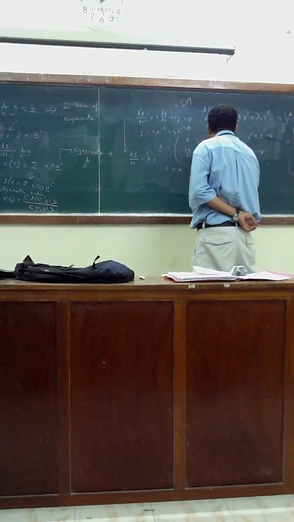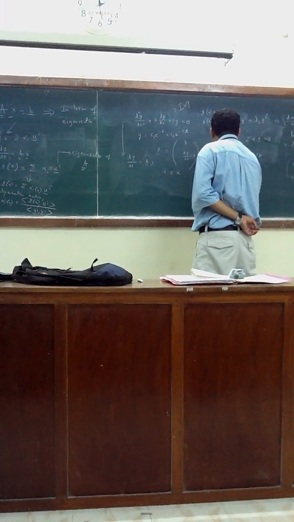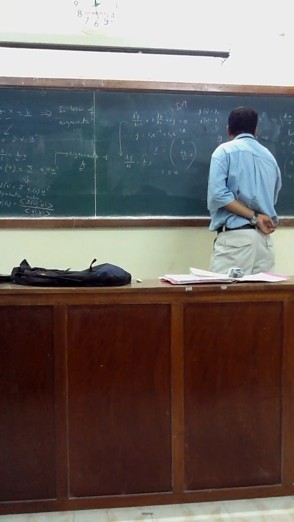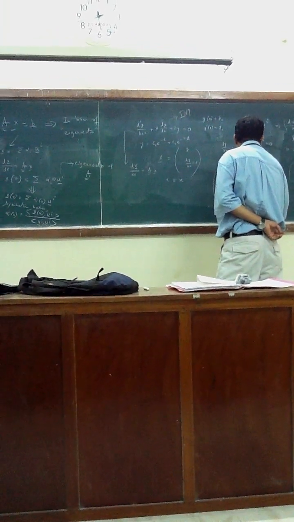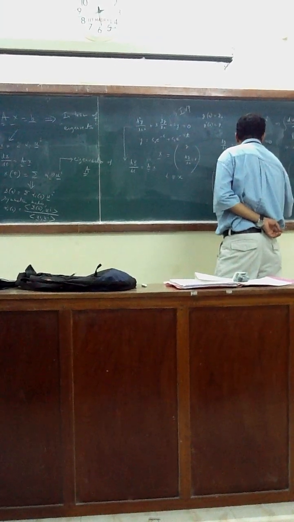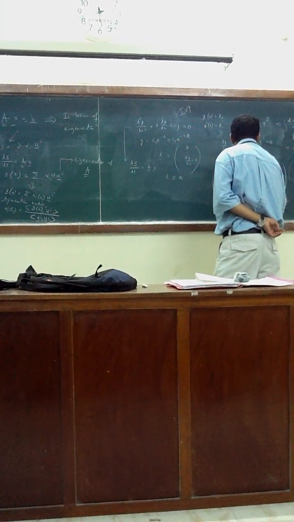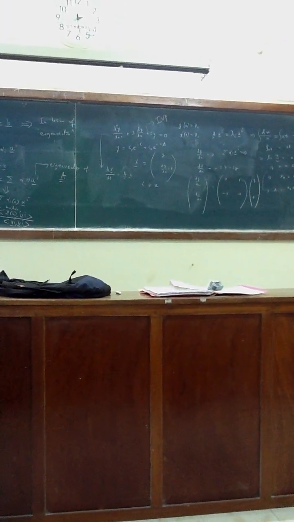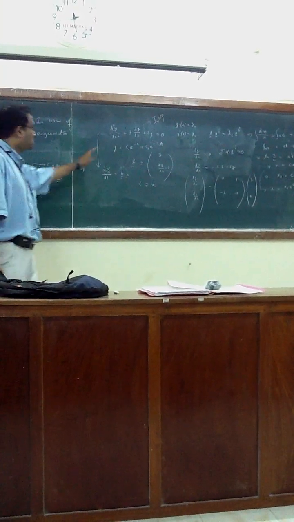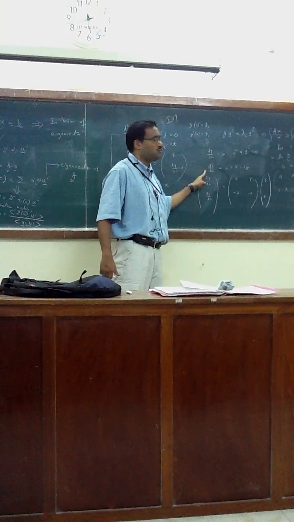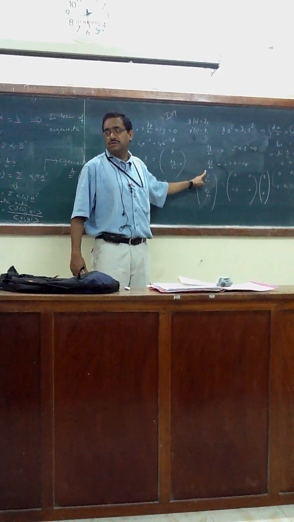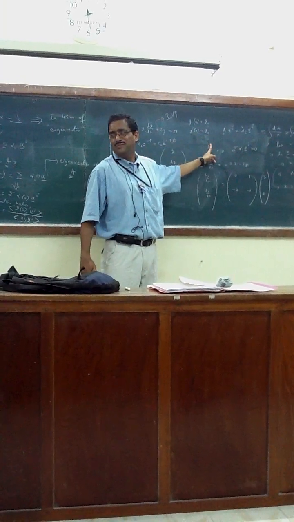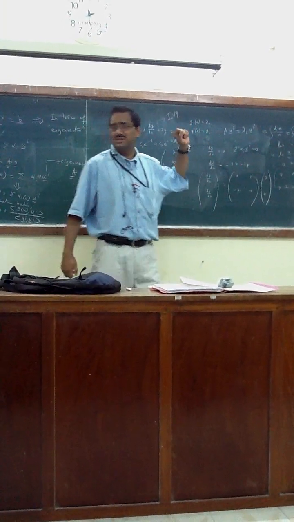So we can write this as d/dx of (y, z) equals the matrix 0, 1, minus 2, minus 3 times (y, z). Am I correct? Yes or no? Yes. So this equation we have expressed as two first order differential equations, and the initial conditions are known. That means we know y(0) and z(0). Correct?